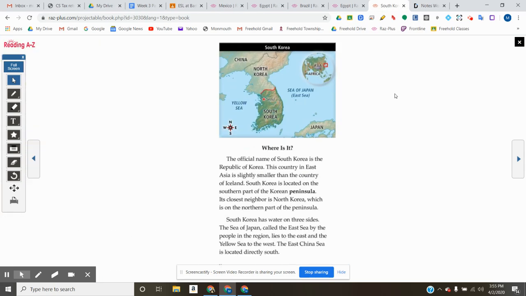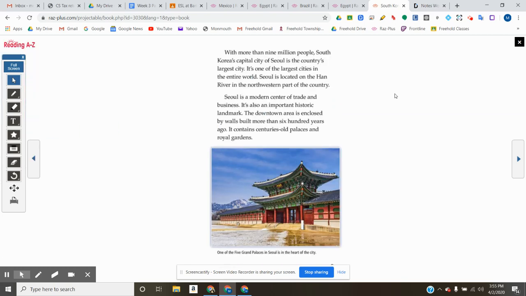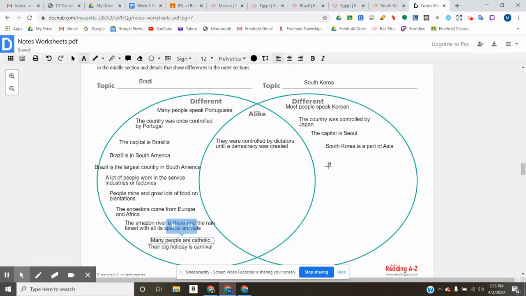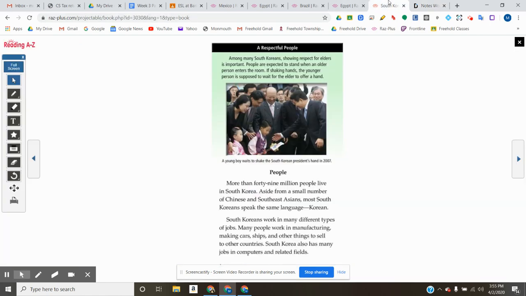Alright, South Korea, here we go. Seoul's the capital, but very respectful. Koreans hear a lot about education and about respecting your elders. They also work in manufacturing jobs, so that's really good to know.